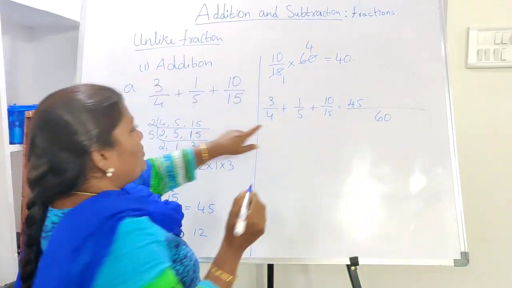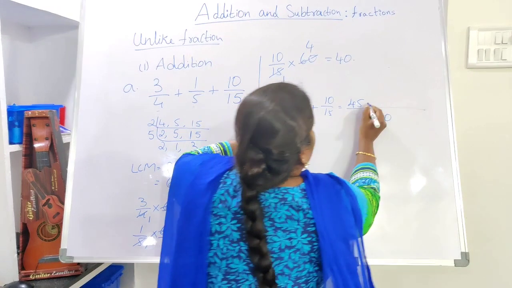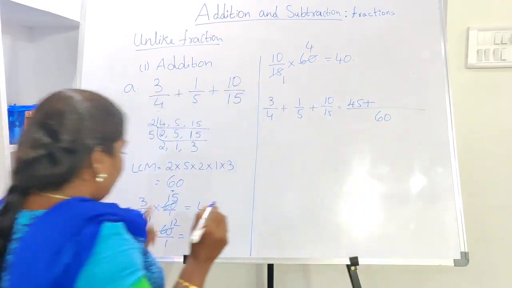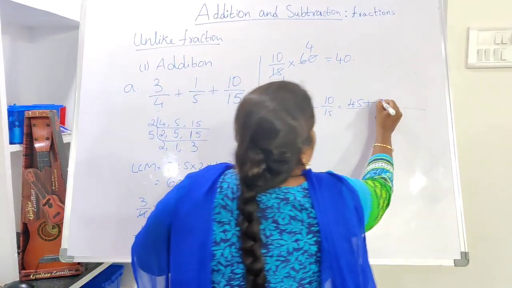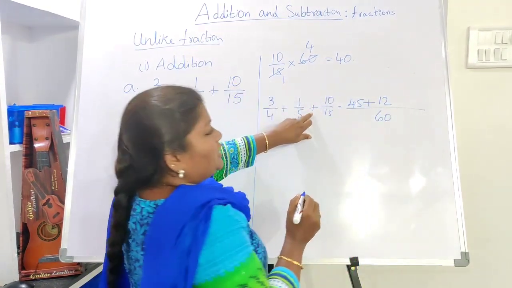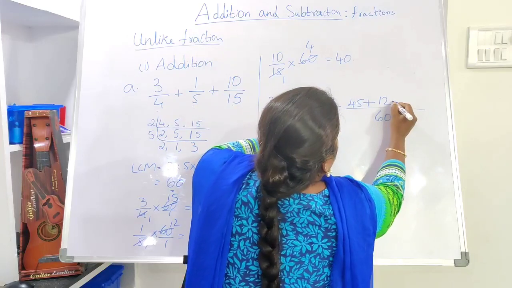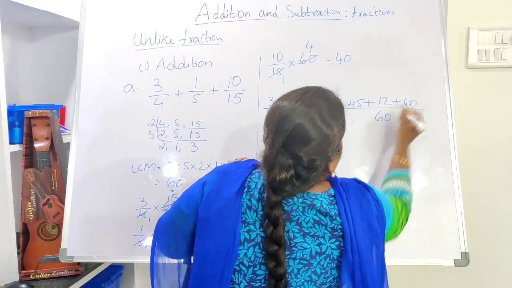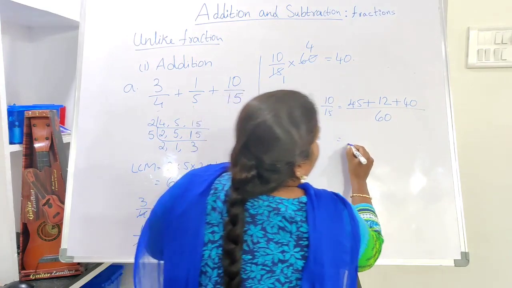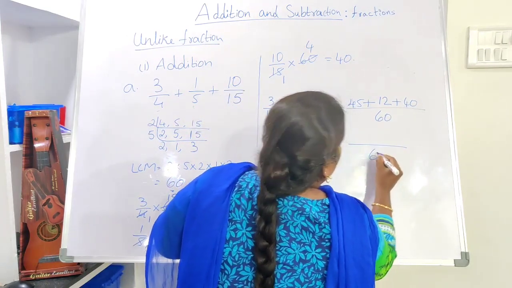Next one, what is the operation between? We have plus, so write down plus. Now for the second fraction, we got 12. So write down 12. And what is the operation over here? It is plus. Now for the third fraction, we got 40.